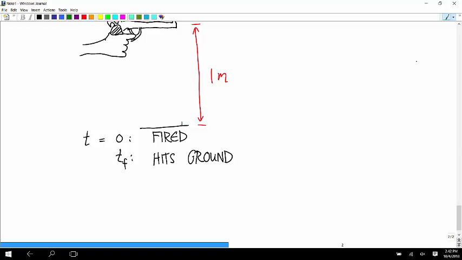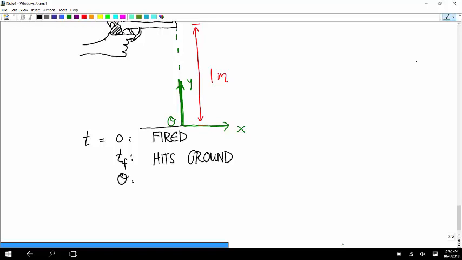For a coordinate system, I'm going to do what I do at least most of the time, possibly all the time. I'm going to put the origin on the ground beneath where the object is at time equals 0. And I'm going to put the y-axis up.